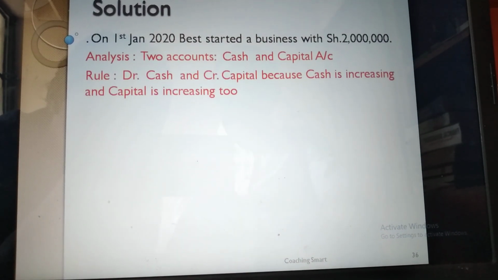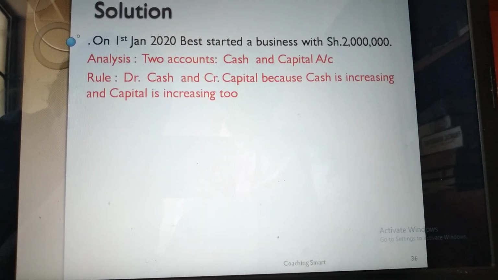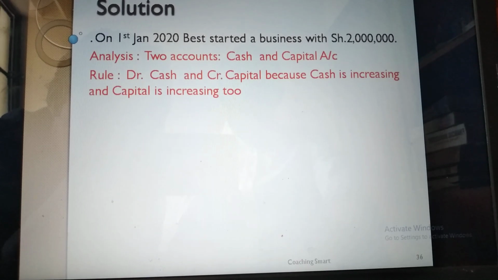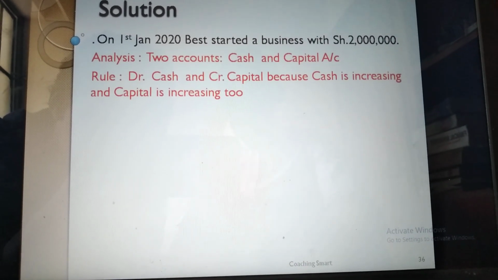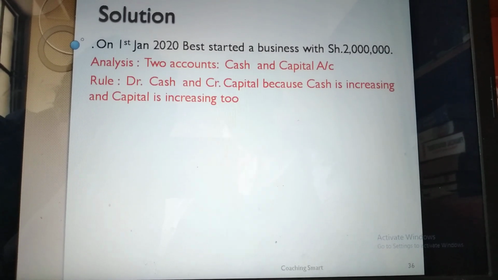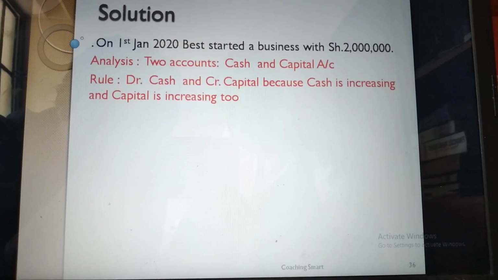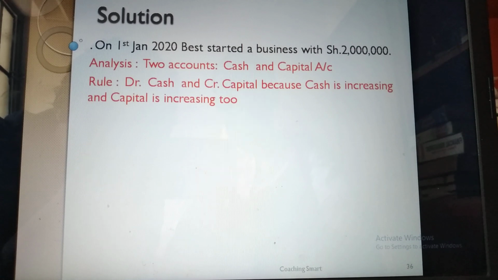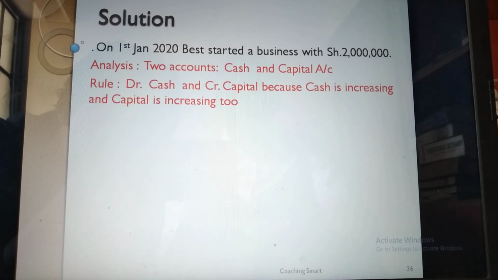Number 2, rule. In the rule, we need to establish which item is increasing and which item is decreasing, or both of the items are increasing. So in our case, cash is increasing, capital is increasing.